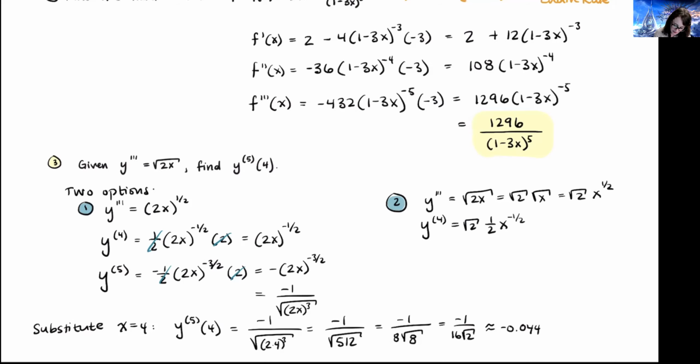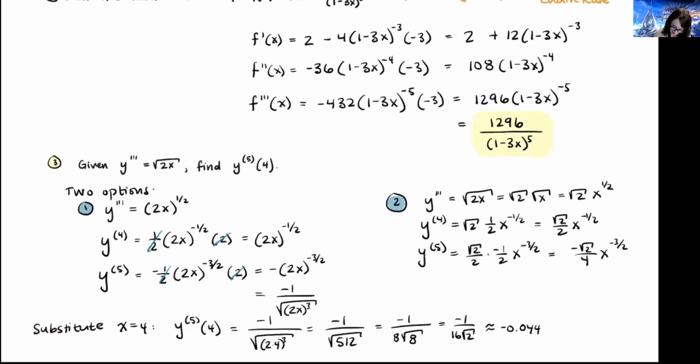When we find the fifth derivative, we still have a constant multiple, this radical 2 over 2, multiplied by x to a power. So this is just simple differentiation. So that root 2 over 2 will stay. We'll multiply by negative 1/2 x to the negative 3/2. So that'll be negative radical 2 over 4 x to the negative 3 over 2.